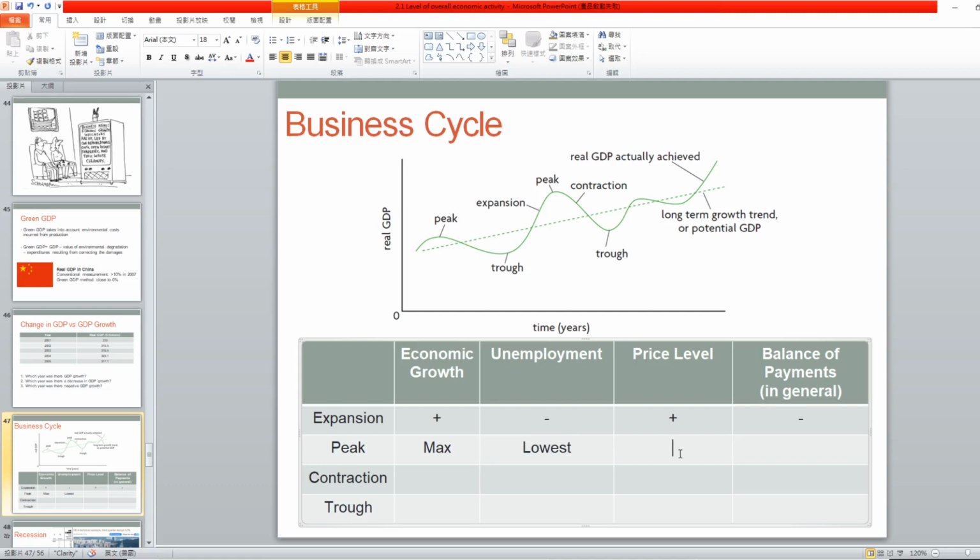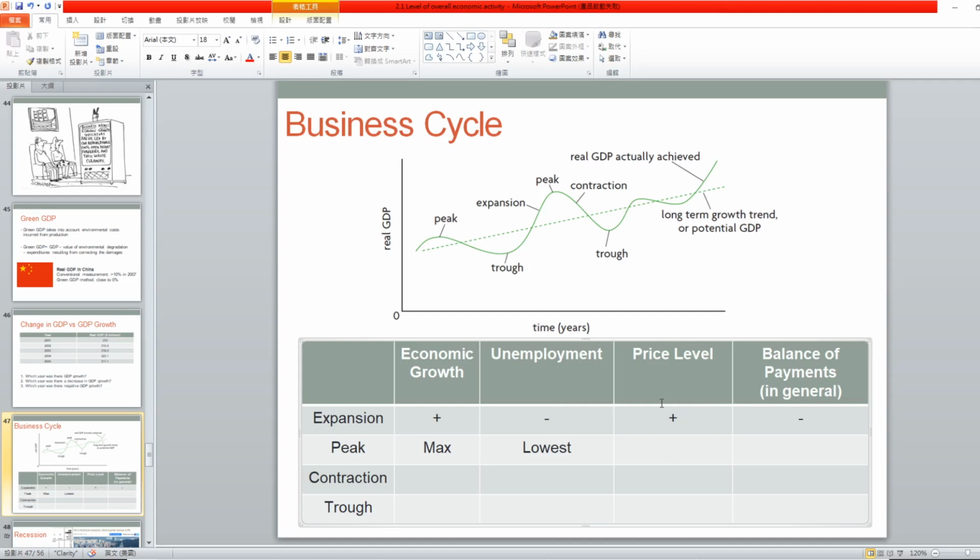So what about the price level? What will happen to the price level if we are in a peak situation? Highest, yep, highest.